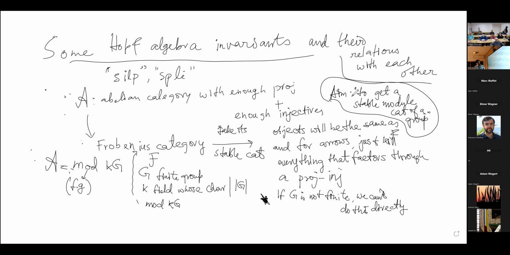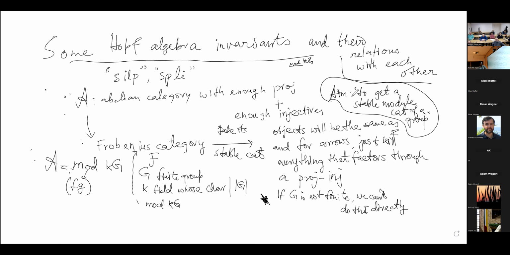In this sense. Stable is just to quotient out the projective objects. That's, let's say, the original motivation for the original term. And this way one can always construct a stable module category of a finite group. The standard way to write this stabilization is with an underline, so one would write mod kG underbar like this.